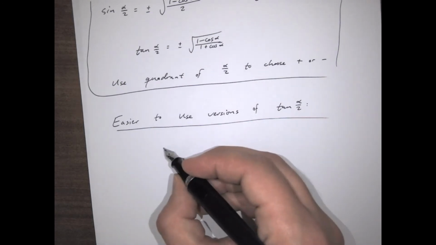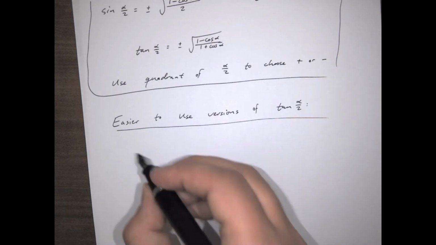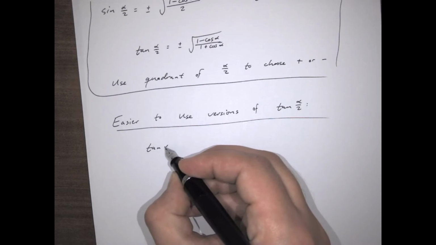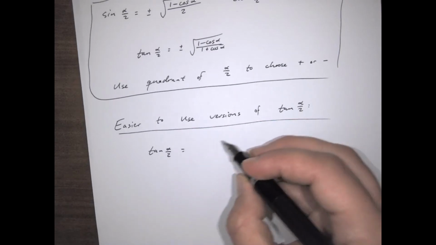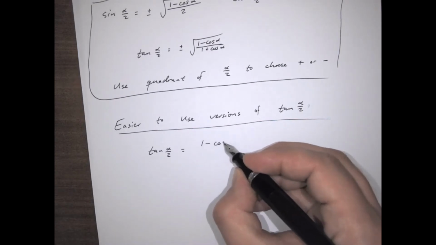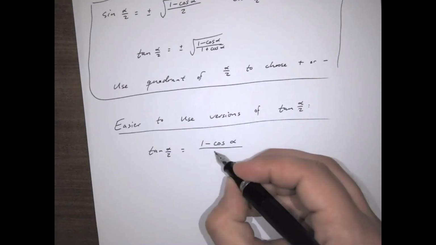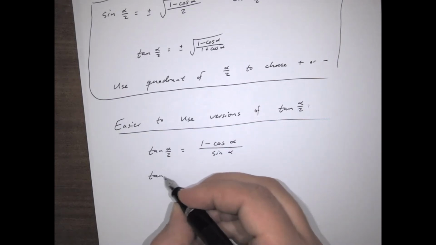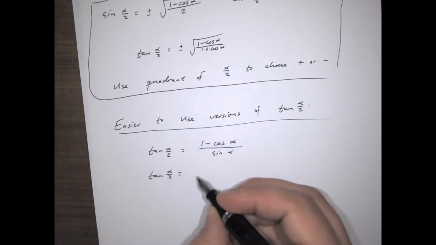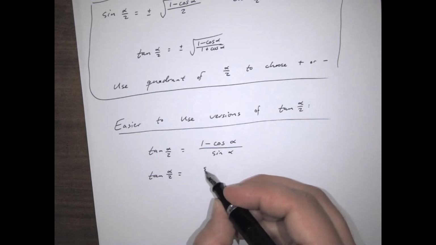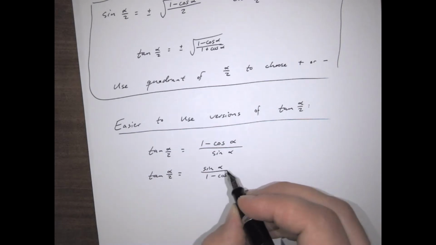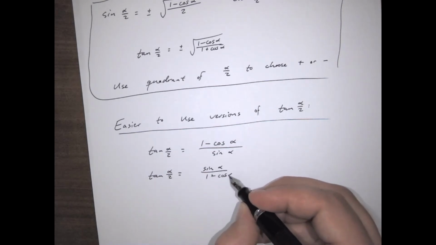Actually, here I'll just write it first, and then we'll prove it later. Tangent alpha over 2 is equal to 1 minus cosine alpha over sine alpha, which is also the same as tangent of alpha over 2 equals sine alpha over 1 plus cosine alpha.